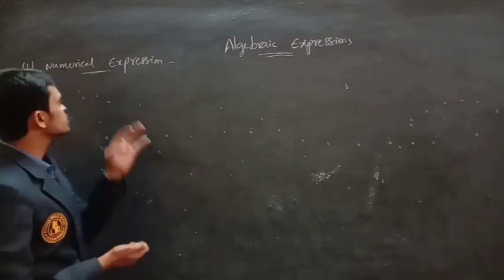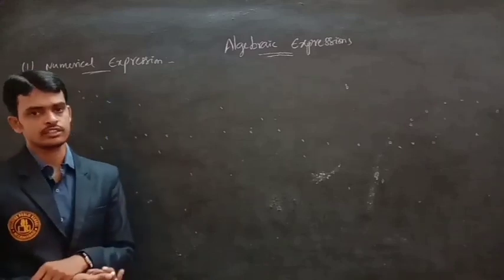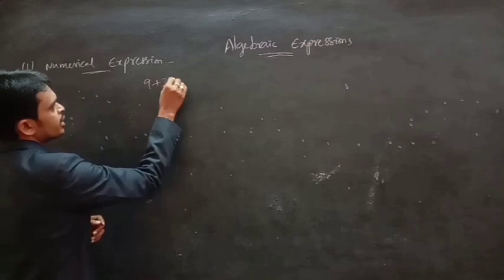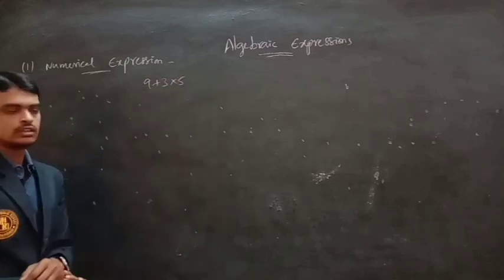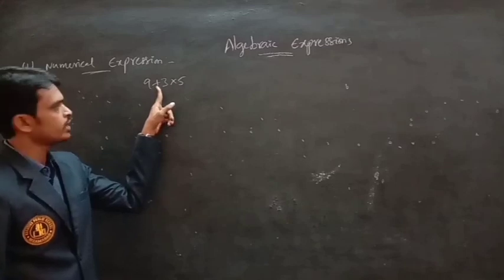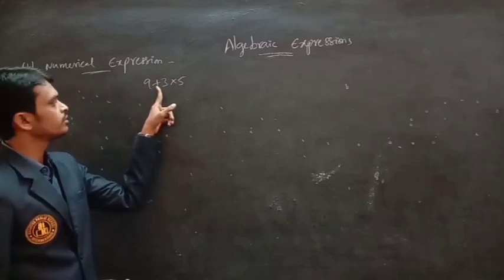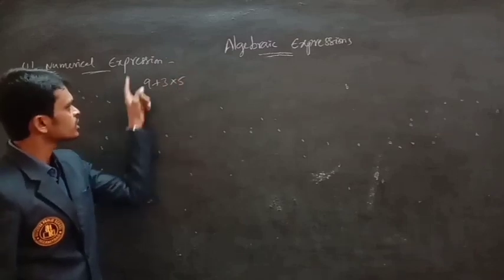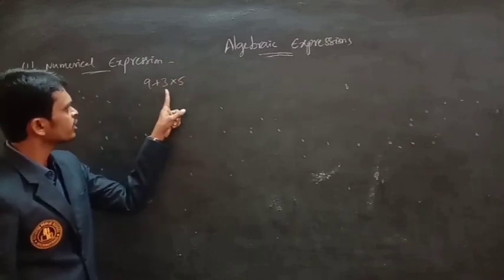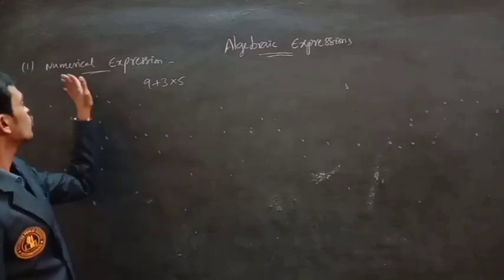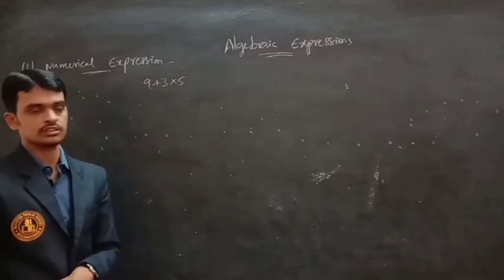For example, 9 plus 3 into 5. These are the terms separated by plus. This is called an expression, and every term is a constant. Such expressions are called numerical expressions.